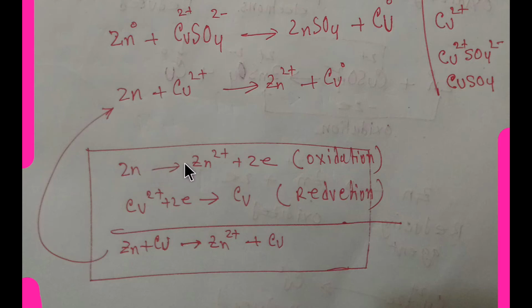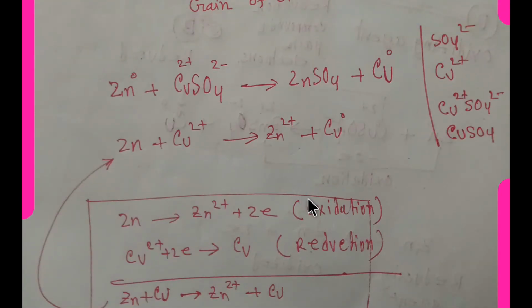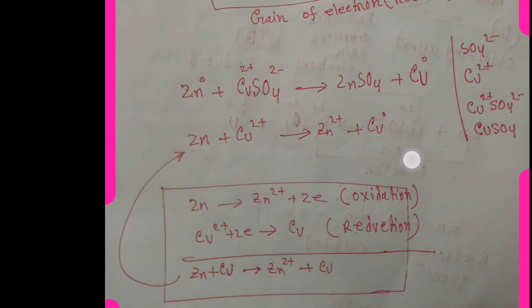So this is an oxidation reaction, and here copper is gaining 2 electrons. This is a reduction reaction. If I add these two reactions, the oxidation reaction and the reduction reaction, then I am getting this. These two electrons will vanish, so we are getting zinc plus copper 2 plus giving zinc 2 plus and copper, that is this, right? So now we can understand this.